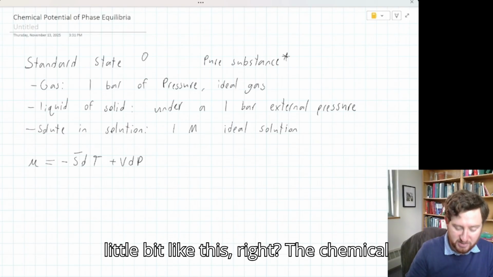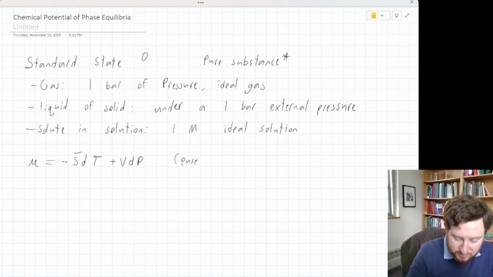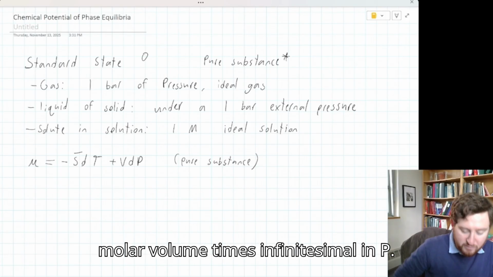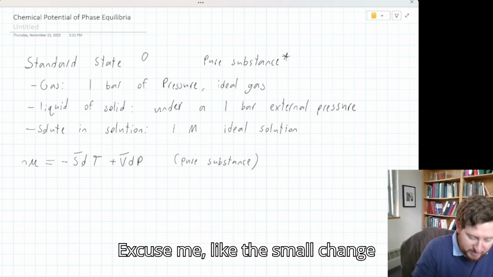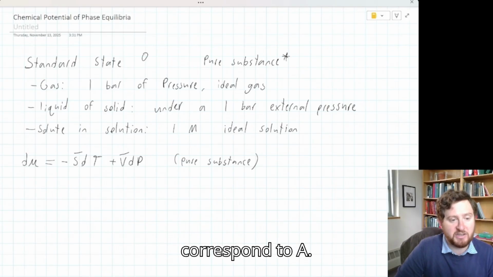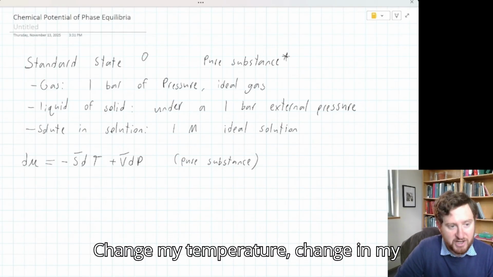The chemical potential of a pure substance looks like molar volume times infinitesimal dP, like d mu. A small change in my chemical potential can correspond to a change in my temperature, change in my pressure.